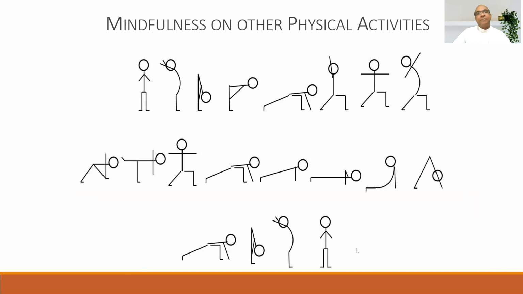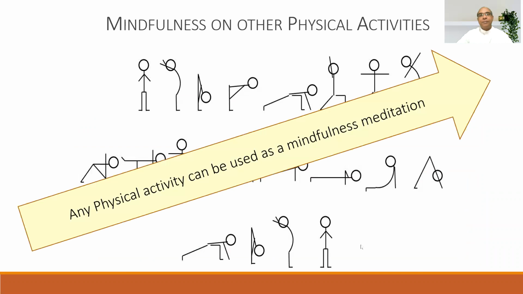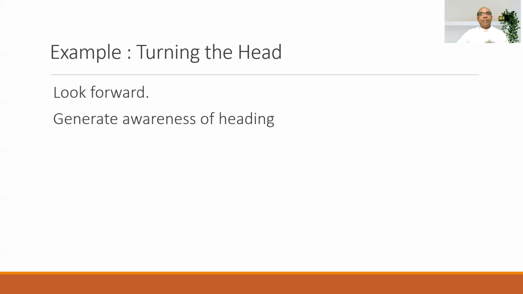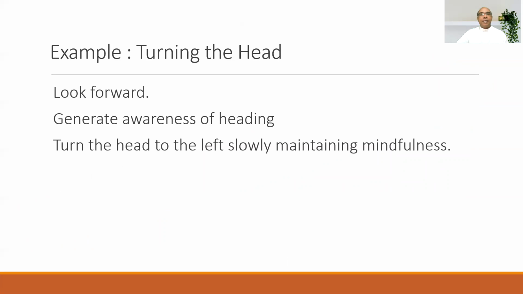Okay, this is to indicate that any physical movement could be used by you as a mindfulness meditation. Okay. For example, turning the head, right? Where you start by looking forward and then generate awareness of that heading and then turn the head slowly, maintaining the mindfulness. Turn it left, maintain the mindfulness that your head is being turned now.